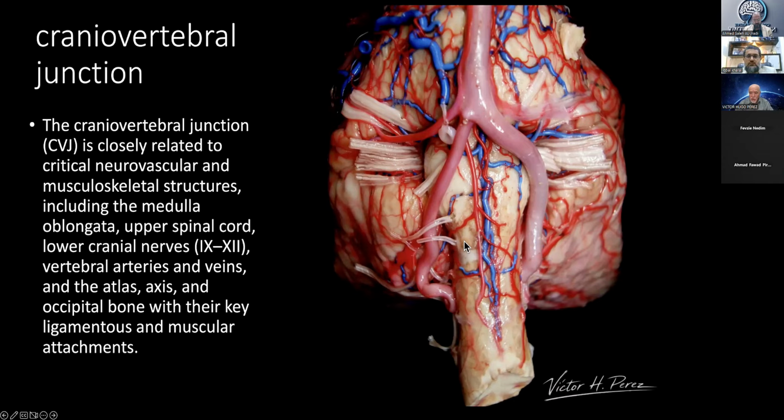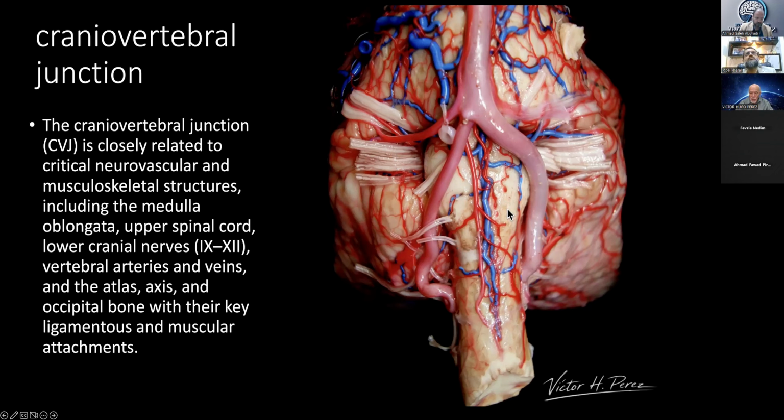The last four cranial nerves are involved specifically with the approach of craniovertebral junction. So 9, 10, 11, and 12. Also the first cranial nerve, second cranial nerve.